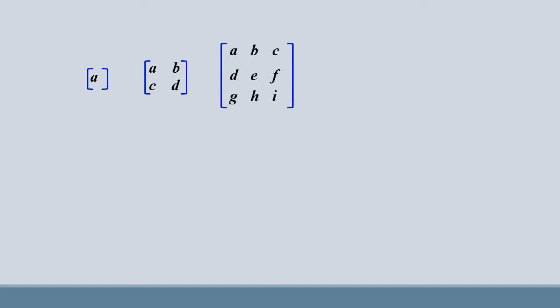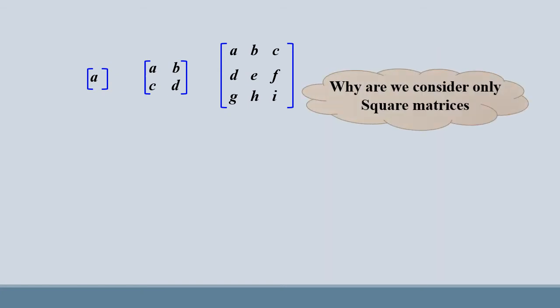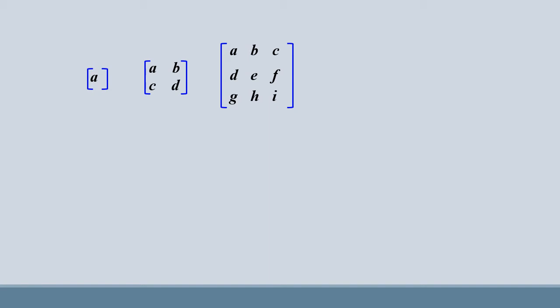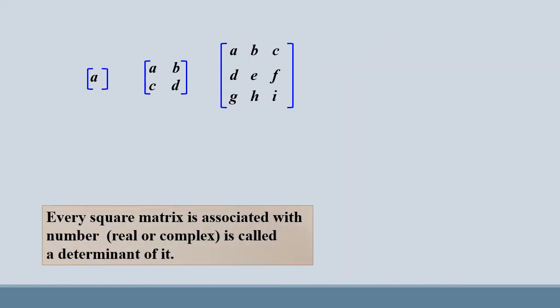So we will begin with the definition of determinants. To understand it, we consider three square matrices of order 1, order 2 and order 3. A determinant is a number which is associated with a square matrix.